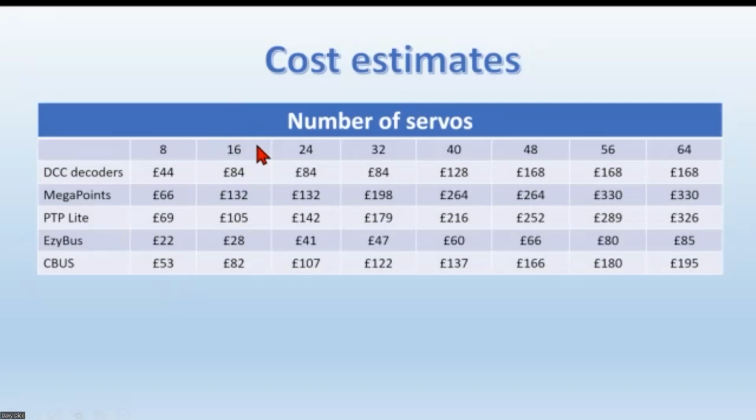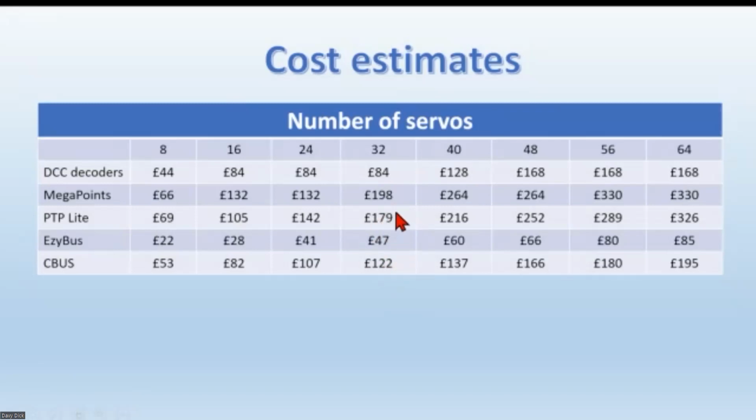If you then have more servos, then the costs obviously increase as you go up. If you're at 32, for example, then we're looking at 84, 190, 175, 47, 122.